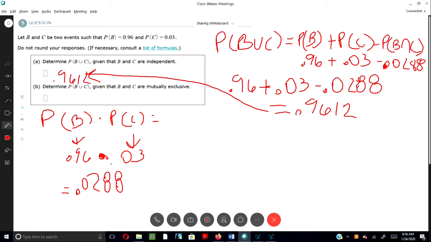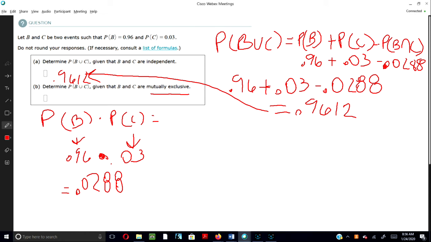Okay, so the next thing we have to do is B. Determine the probability of B union C given that B and C are mutually exclusive. Now, when you see the term mutually exclusive, that means B and C do not intersect anywhere. So if they don't intersect, that means that's a 0.